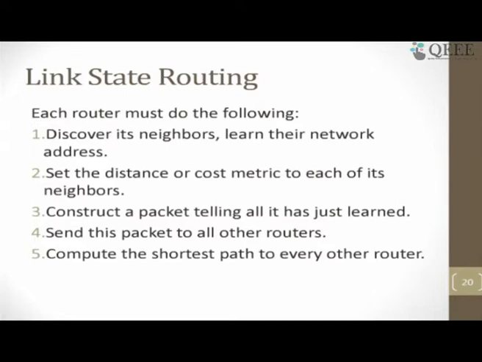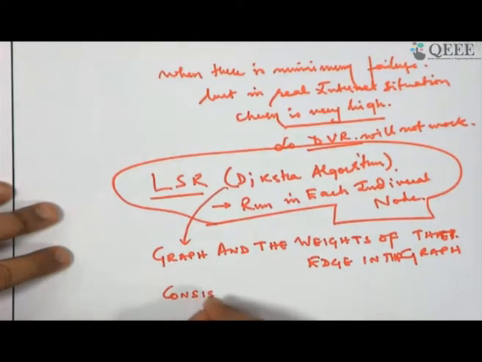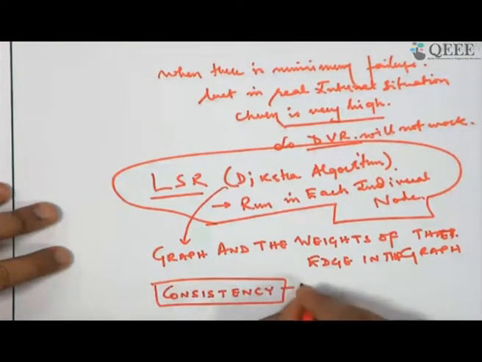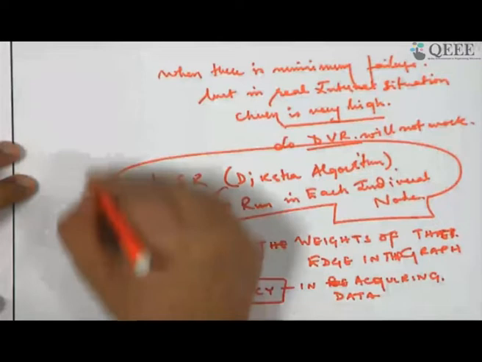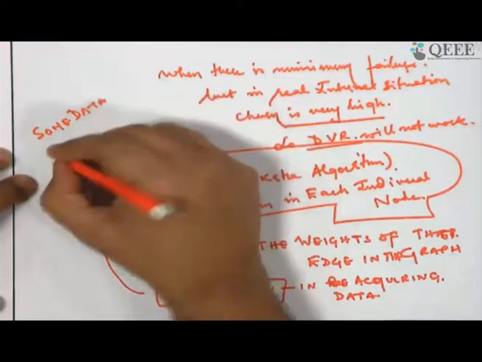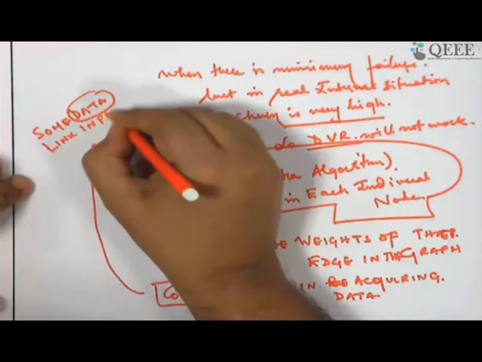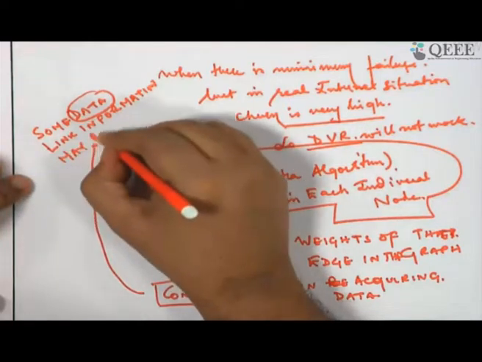is having consistency. So, it is how to have consistency in result or in acquiring data, because some data, means link information, may be old.